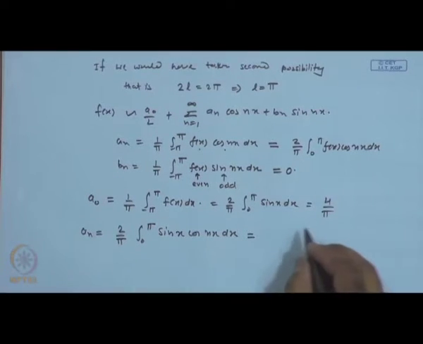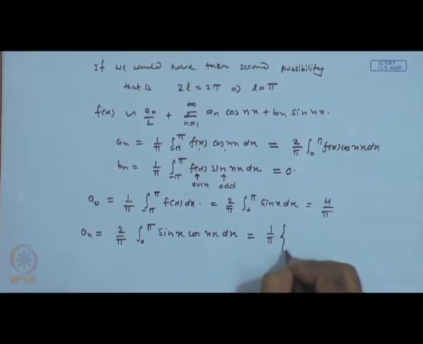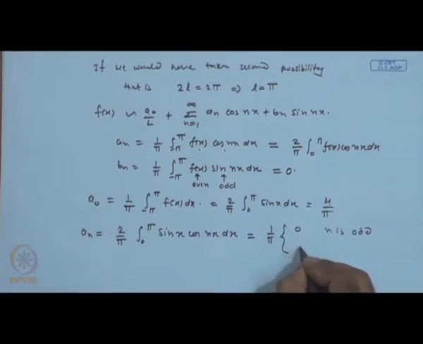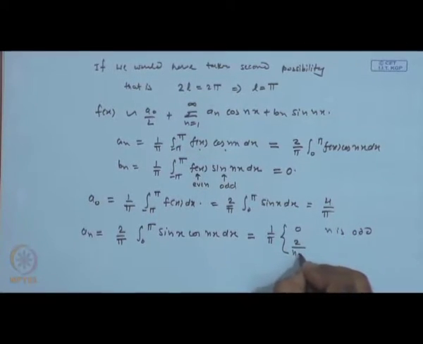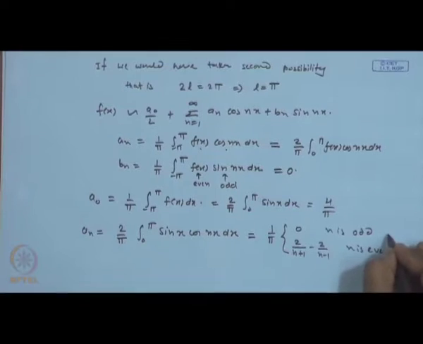So, I am writing directly these values, and these values will come for n 2, 3 and so on. So, it will be 1 over pi times 0 if n is odd, and this will come 2 over n plus 1 minus 2 over n minus 1 when n is even, and this is true for 2, 3 and so on.